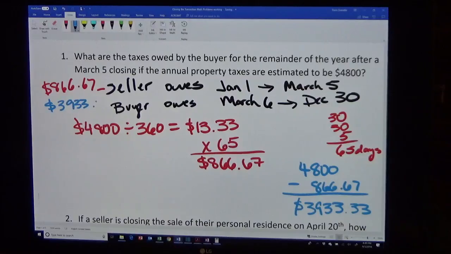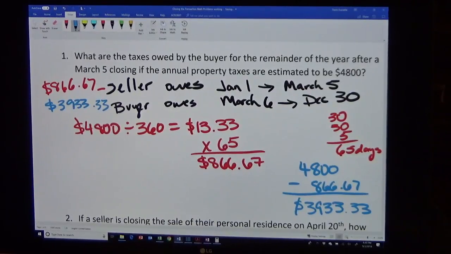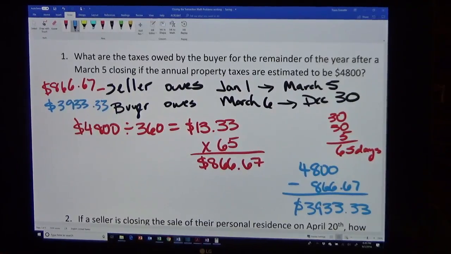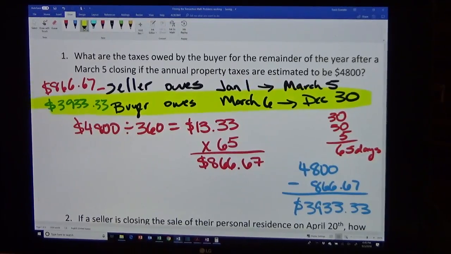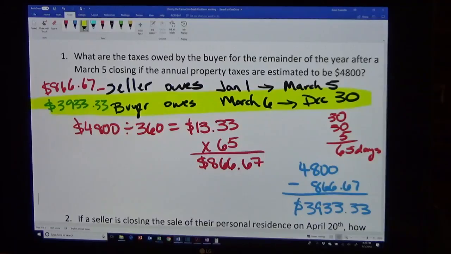And the question is, what are the taxes owed by the buyer for the remainder of the year after a March 5th closing? So our answer is right there. That's the taxes that the buyer owes for the remainder of the year, $3,933.33.